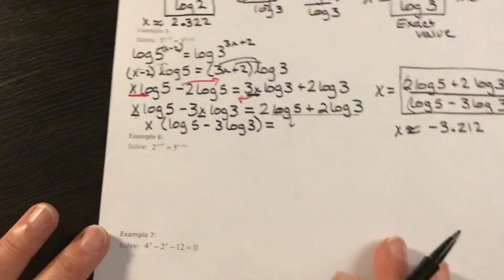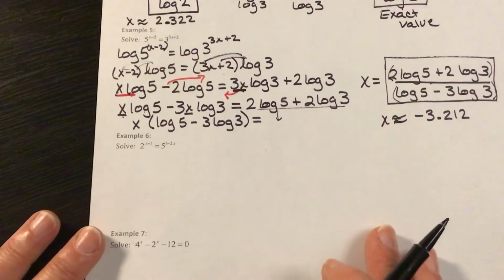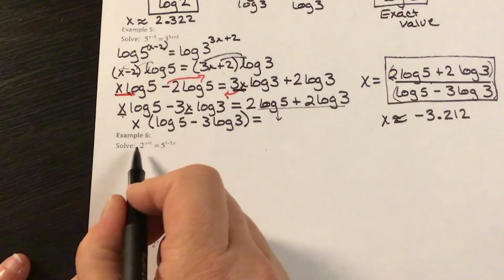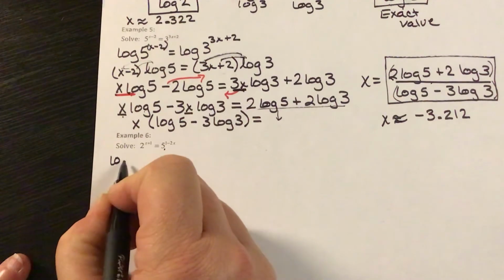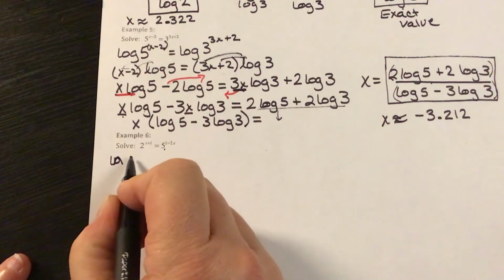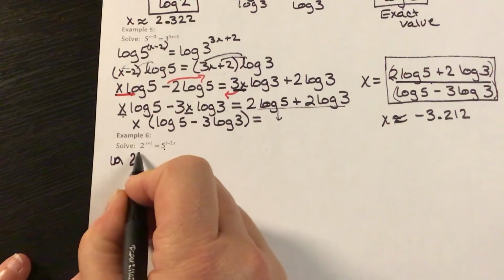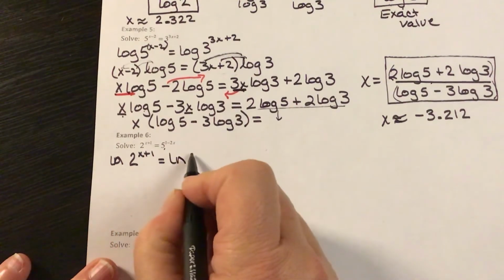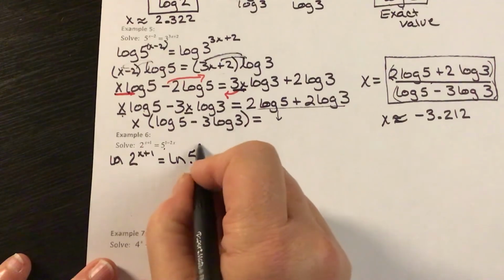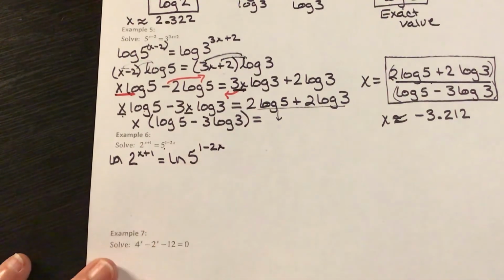All right, so let's do the natural log on this one just to show that we can do both. So here I can take the natural log of both sides. So that's ln of 2 to the x plus 1 power equals ln of 5 to the 1 minus 2x power.